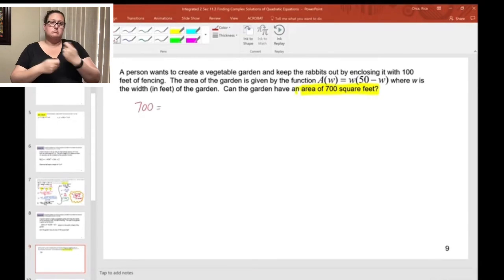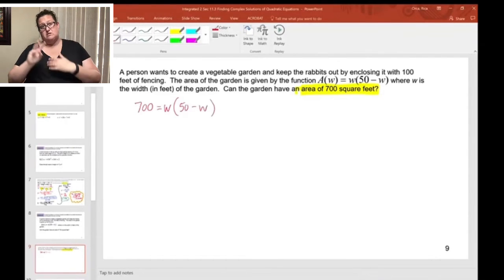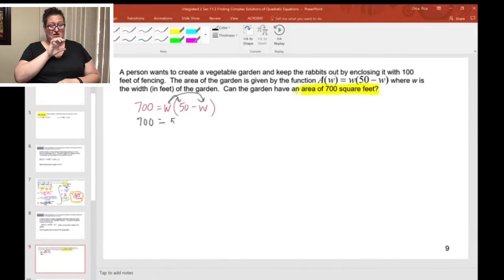700 is equal to w times 50 minus w. Remember, w represents the width of the garden. In order to solve this, we need to distribute the w and then go from there. So we have 700 is equal to w times 50 is 50w, and w times negative w is negative w squared.